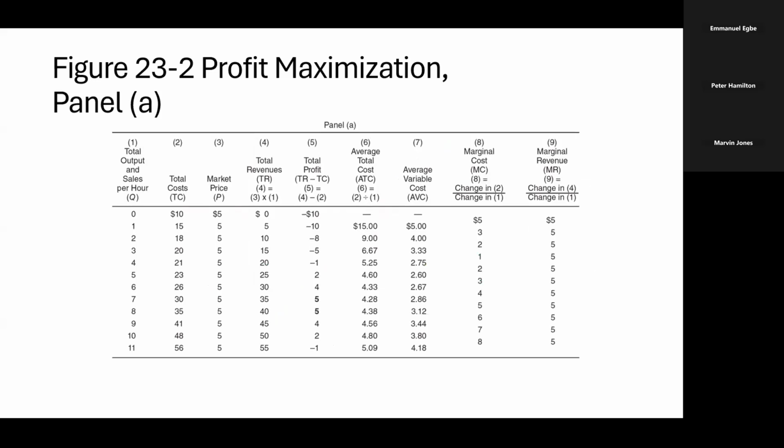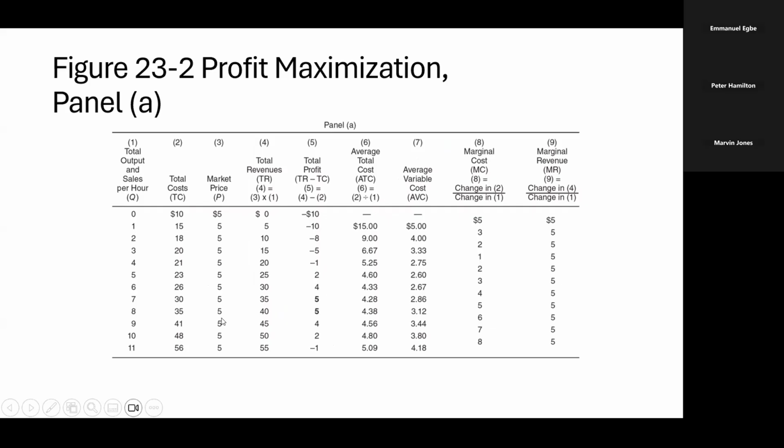All right. So you see here that we talk about the firm's profits, column 5. And you see here where the maximum profit is 5. What you will recognize is that at this point, the profit maximizing output is 8 units.